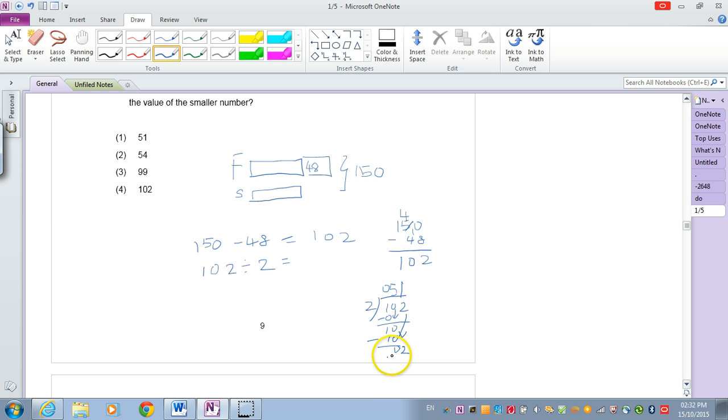Okay, so 1 times 2 gives me 2, so I'll minus 2, and that gives me the answer 51. So the smaller number is 51, because each of these blocks is 51. So that will give me the answer 1.